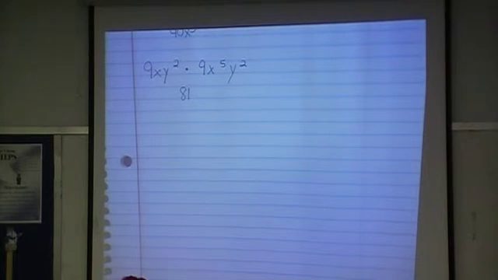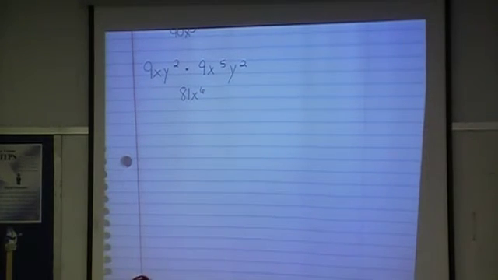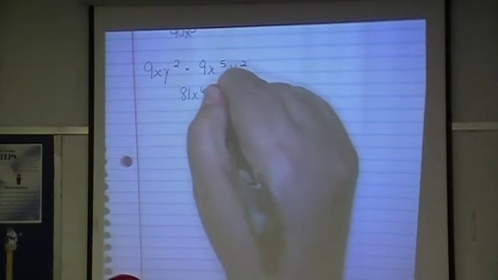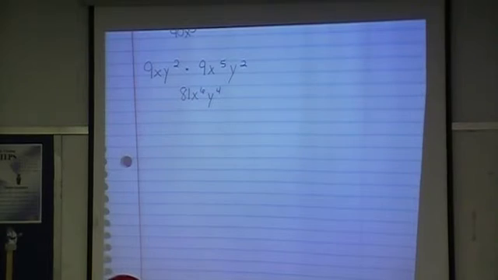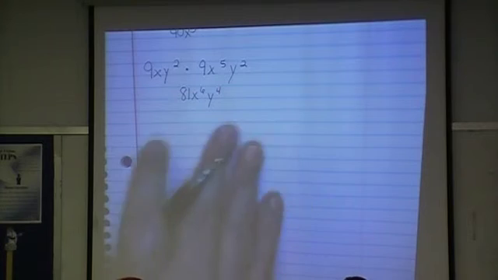How many total x's do I have up there? 6. How many total y's do I have up there? Some of you need to go back to multiplying and counting. You're scaring me. 2 and 2 is 4. Now, this is how you write it. They'll sit nice and neatly beside one another.